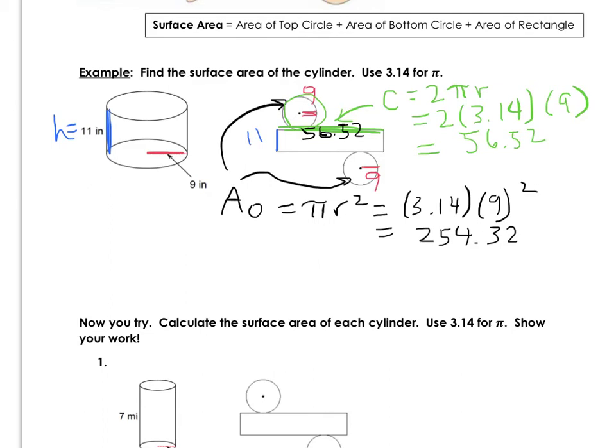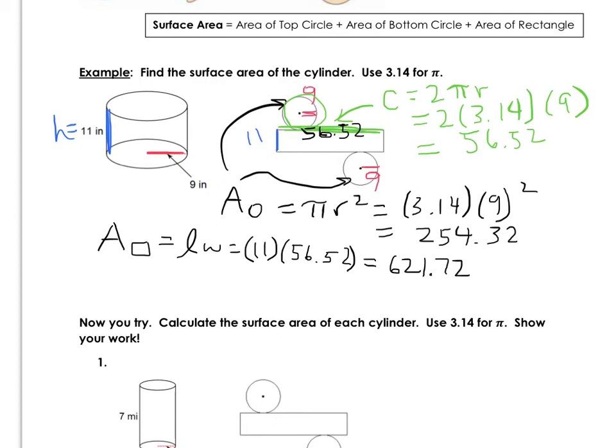Okay, so final step here in calculating the area of the rectangle. We're going to multiply the length times the width, which is 11 times 56.52, and that gives me the area of the rectangle to be 621.72.